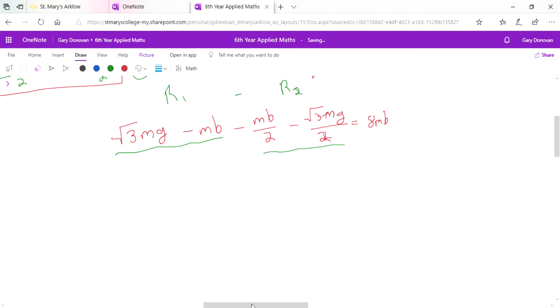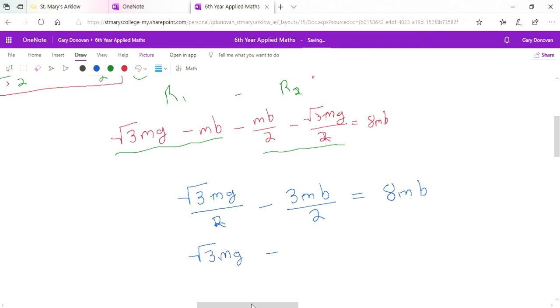Solving that then, we're going to get root 3 mg over 2 minus 3mb over 2 equals 8mb. That's going to be root 3 mg minus 3mb equals 16mb. We've minus 3mb here, 16mb here, so we can bring that across. Root 3 mg equals 19mb.